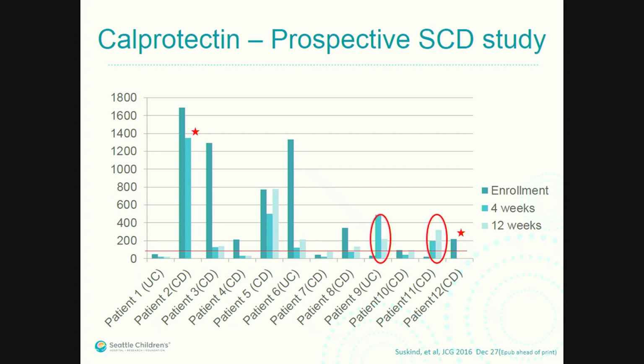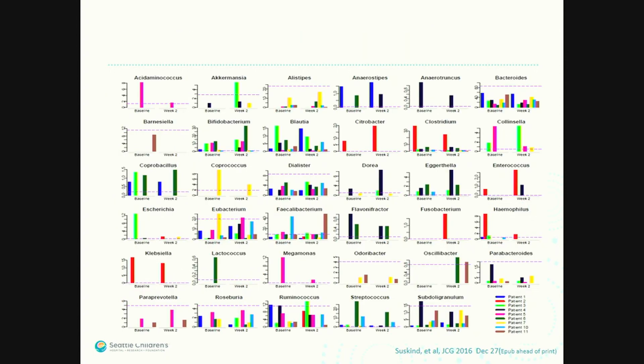But there are also 2 individuals who didn't respond to the dietary therapy, not having normalization or improvement in their CRP. And as I had mentioned before, we saw a dramatic shift in the microbiome. The organisms for the majority of individuals changed dramatically with diet introduction.